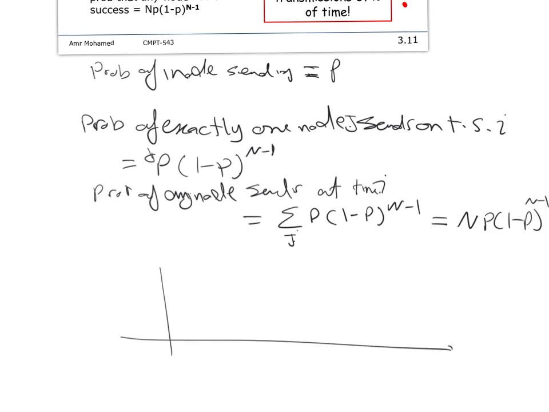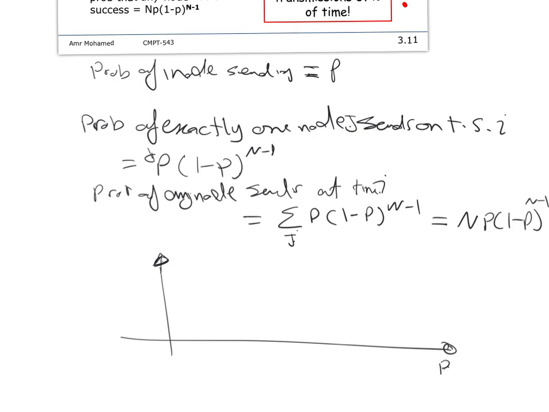If I ask what is the total throughput, or what is the maximum probability given the probability p, how does p look like so that this probability will be the maximum? I need to take the derivative of this function, set it equal to 0 and get the value p, in order to get the maximum.